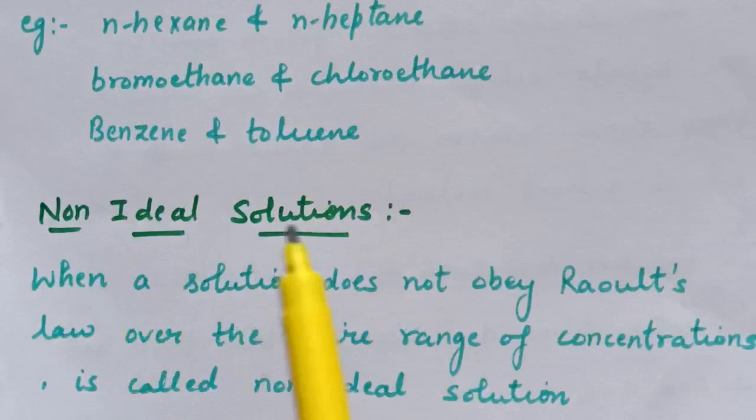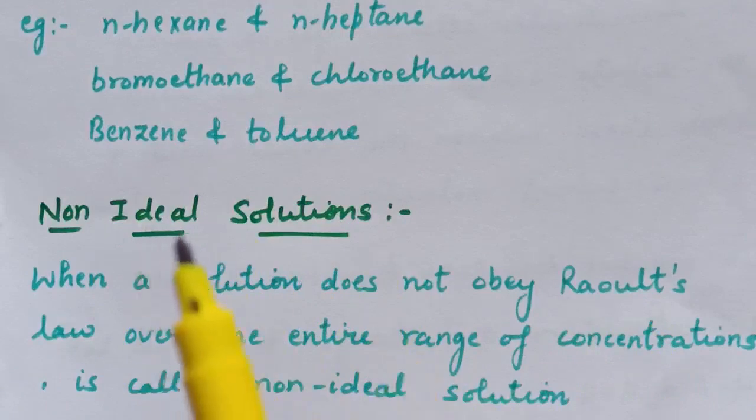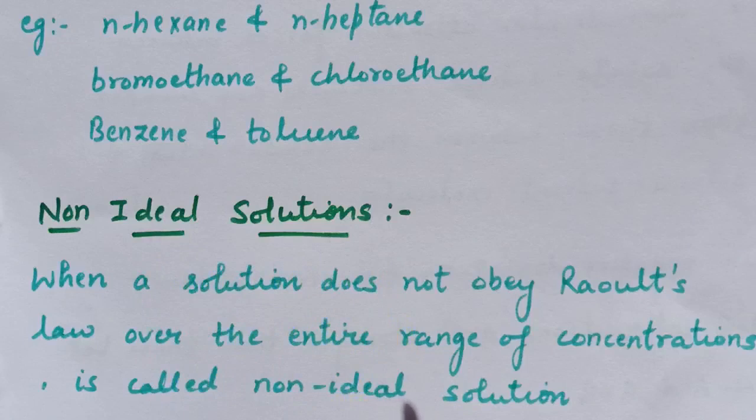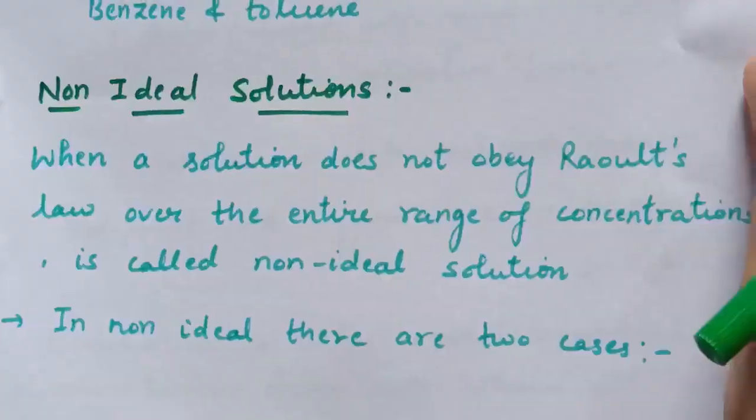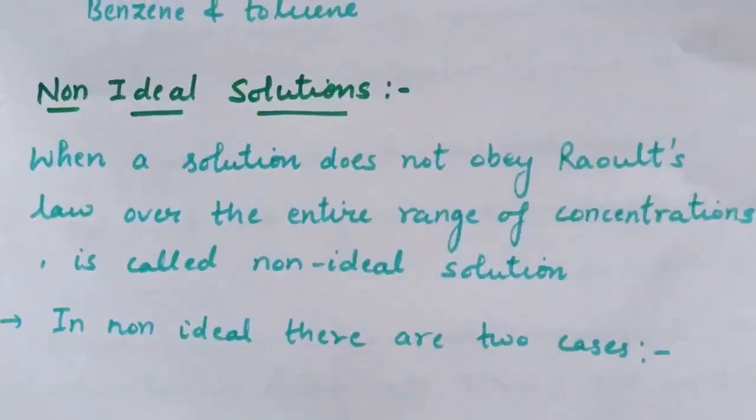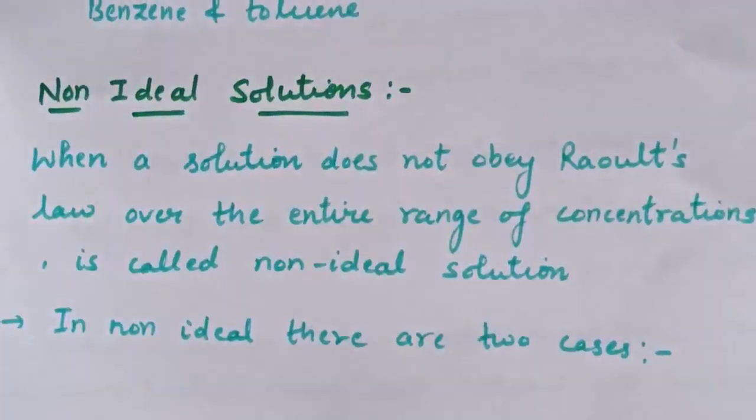Next is non-ideal solutions. When a solution does not obey Raoult's law over the entire range of concentration, it is known as a non-ideal solution. In a non-ideal solution, delta H mixing is not equal to 0 and delta V mixing is also not equal to 0. However, in non-ideal solutions, two cases arise.